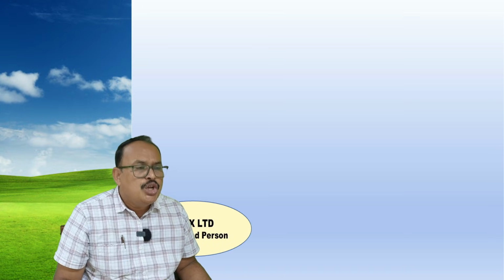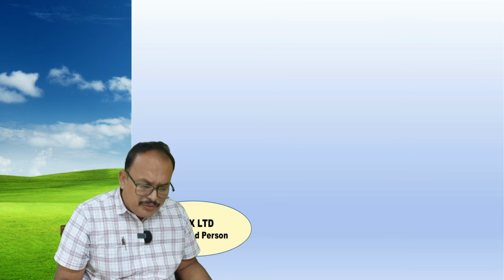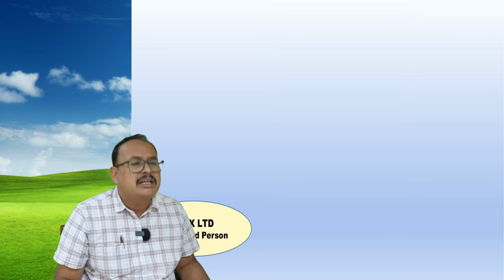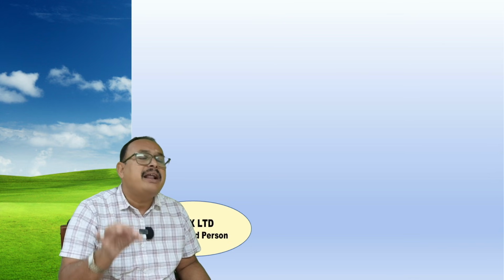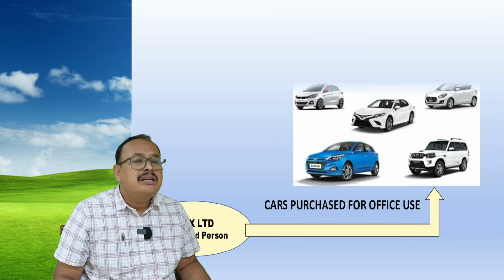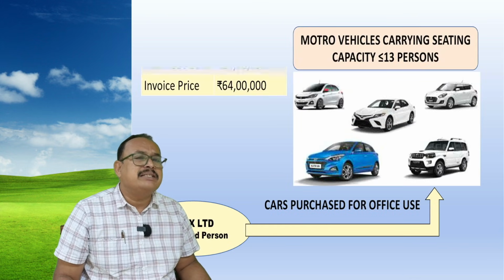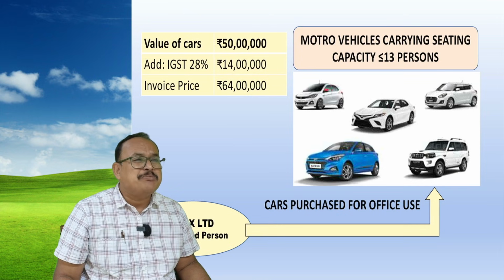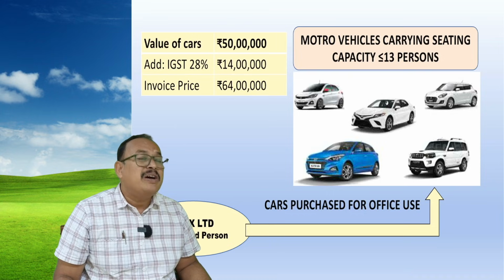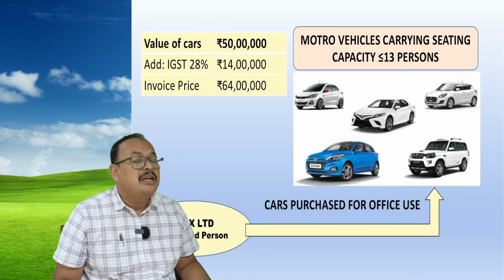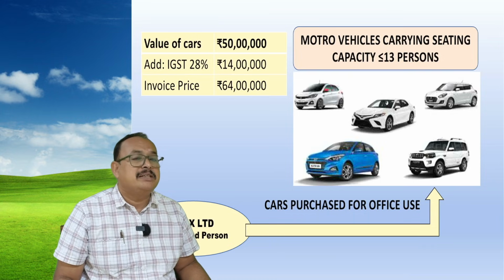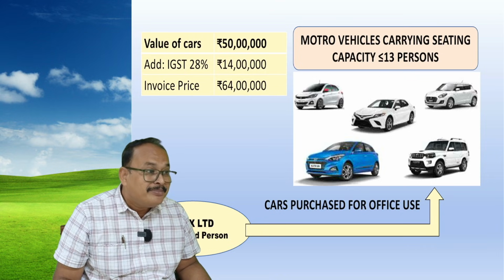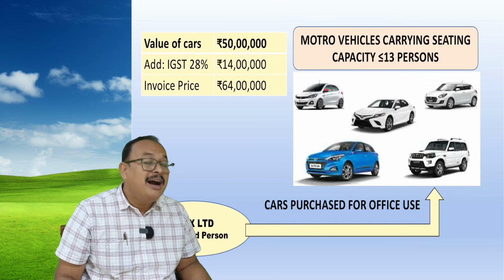For example, if you have a four-wheeler, a passenger vehicle with seating capacity less than or equal to 13, you are disqualified from claiming ITC unless it is used for specific cases: for further supply of taxable supply, for transportation of passengers, or for imparting training in motor skills.